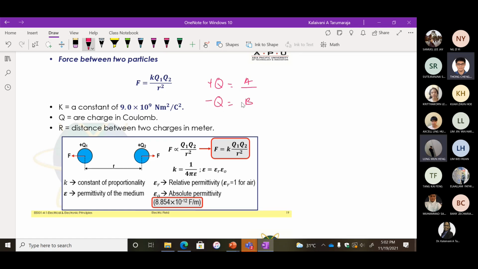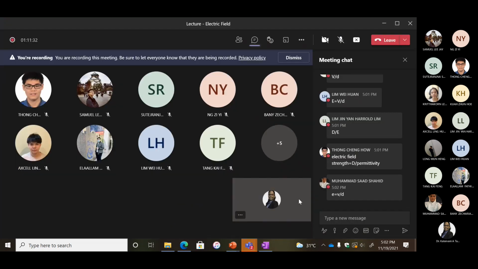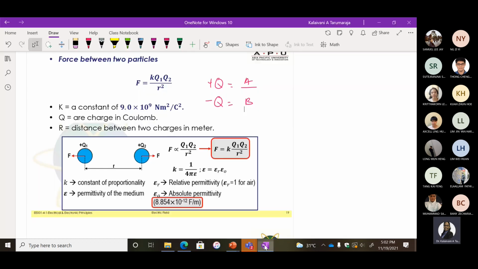Miss, you're muted. Okay, so what Miss asked just now: when you have two particles, positive Q equals A, and negative Q equals B. Miss, you're muted again.